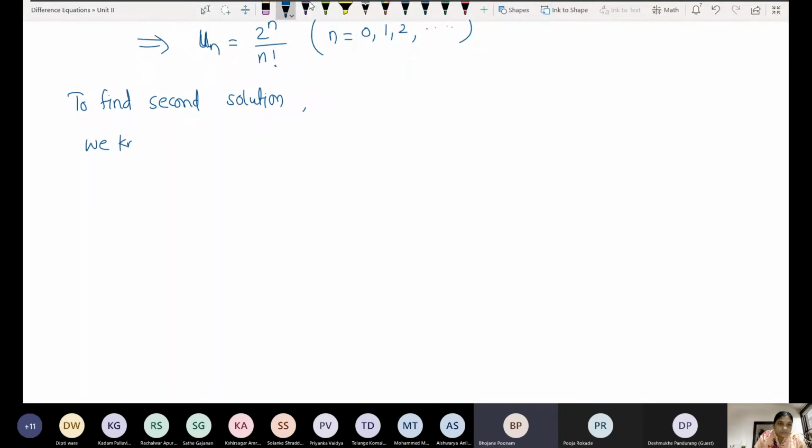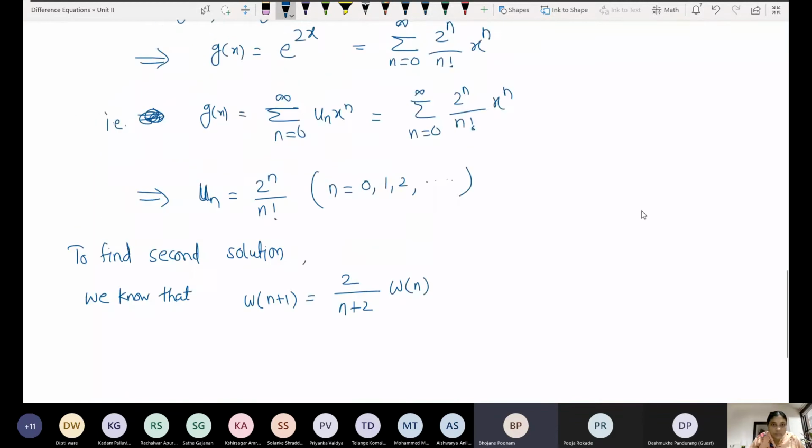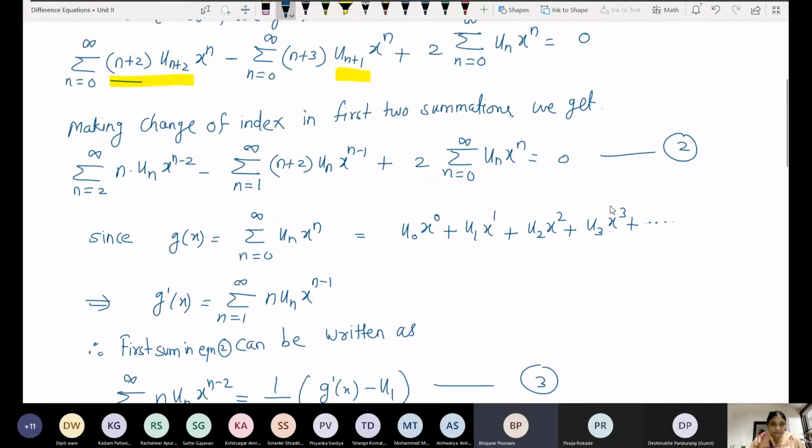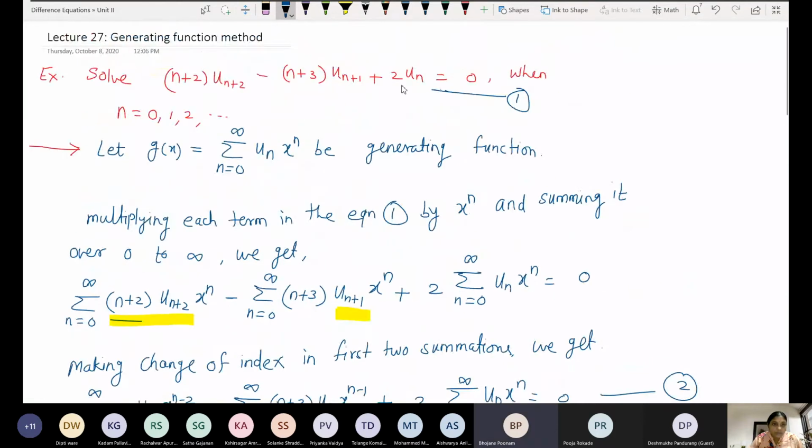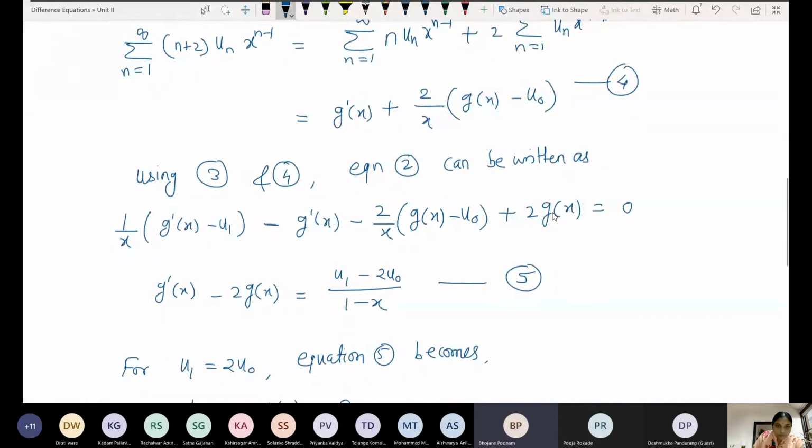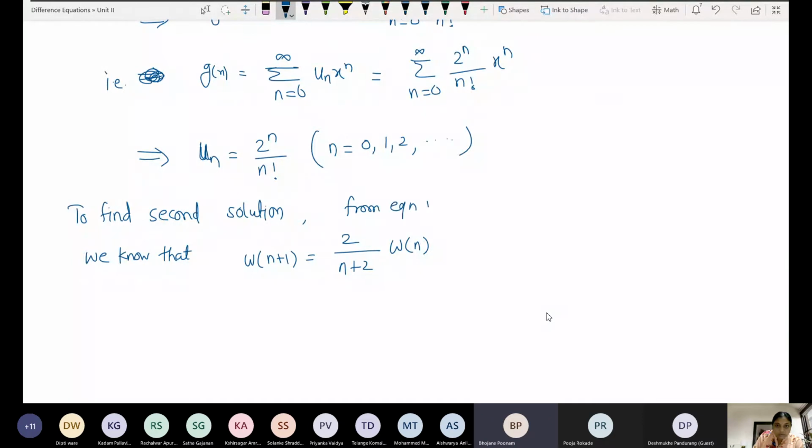Second solution, we know that the Wronskian W of n plus 1 satisfies minus 1 squared P0 upon P2 times W of n. What is P0 and P2? From question 1, P0 is 2 and P2 is n plus 2.